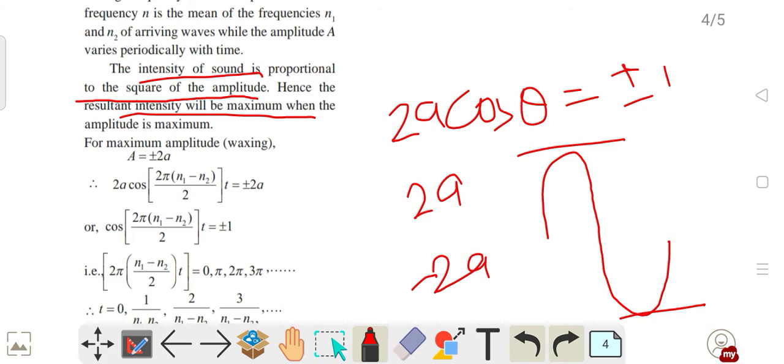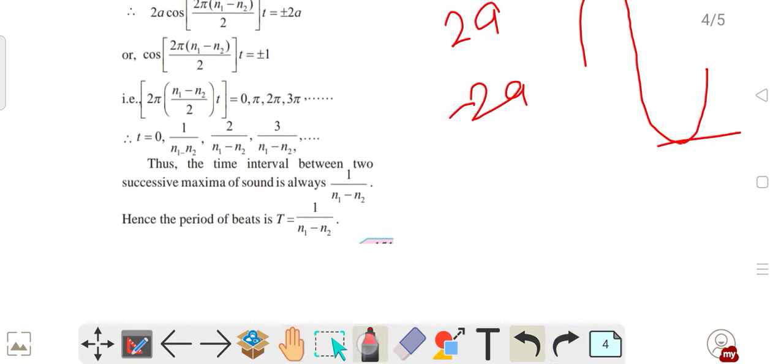So you see, the 2a cancels. So cos 2π((n1 − n2)/2)t = ±1. When is cos ±1? When θ equals either 0, π, 2π, 3π. So 2π((n1 − n2)/2)t is 0, π, 2π, 3π.